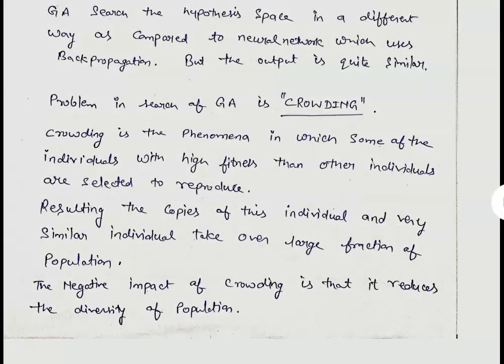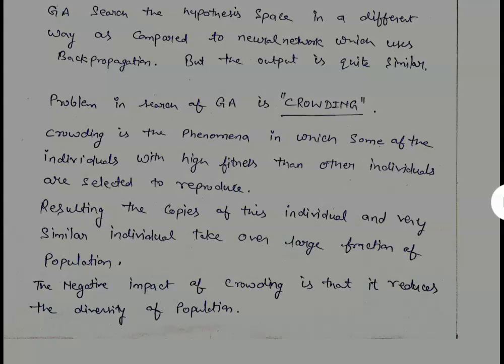So crowding is the phenomenon in which some individuals with higher fitness than other individuals are selected to reproduce, resulting in copies of this individual that are very similar. These individuals take over a large fraction of the population. So the negative impact of crowding is that it reduces the diversity of the population.